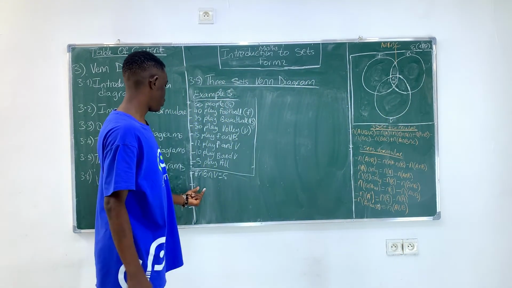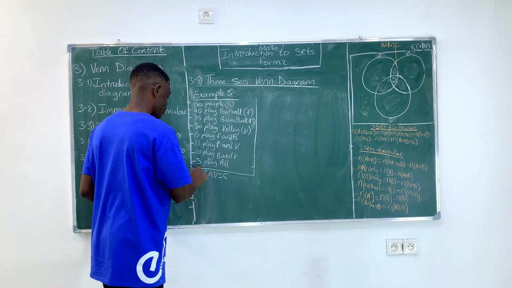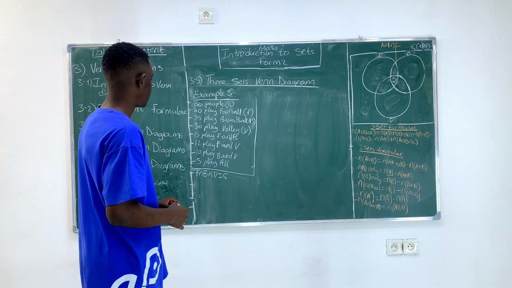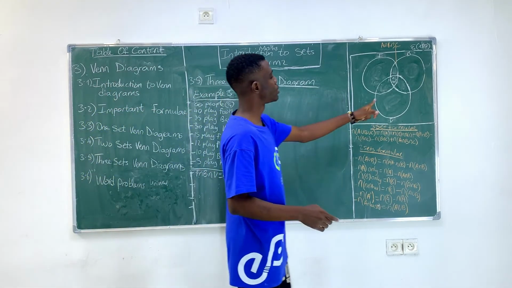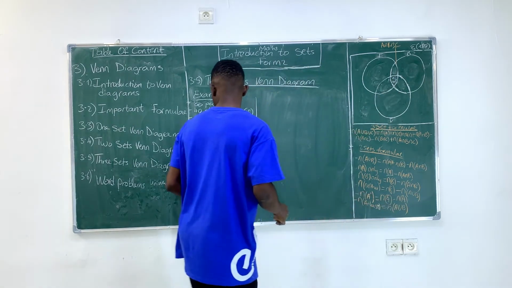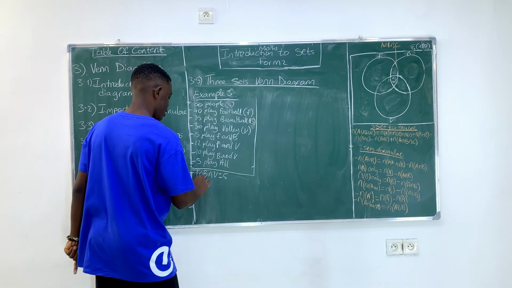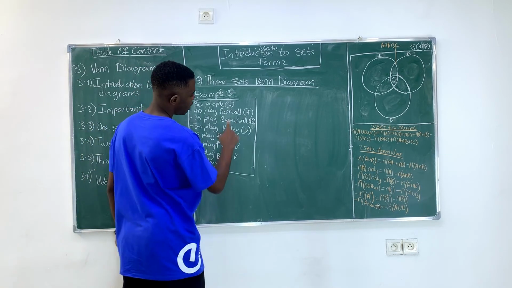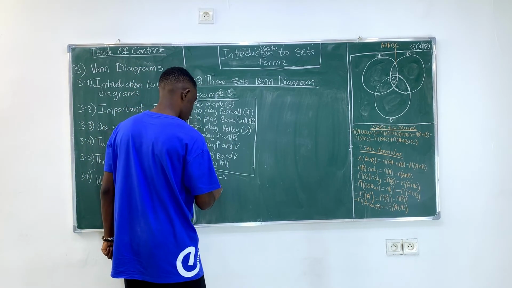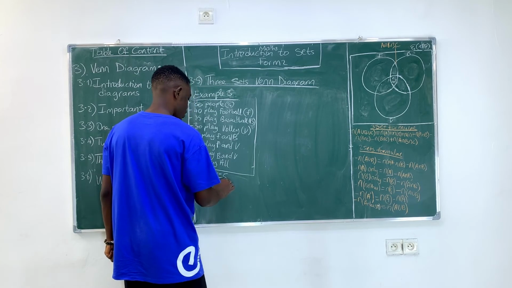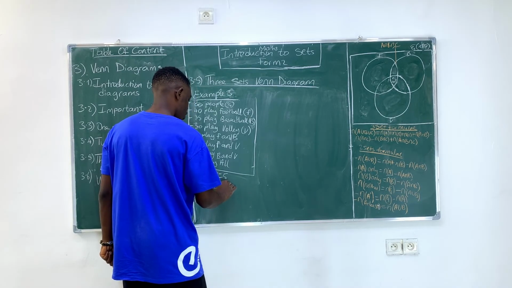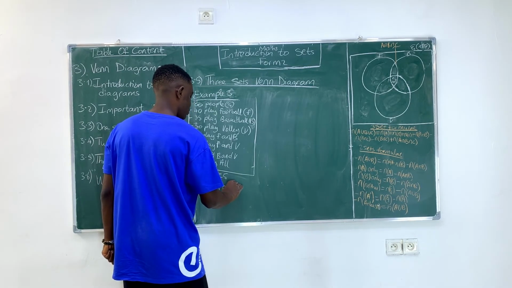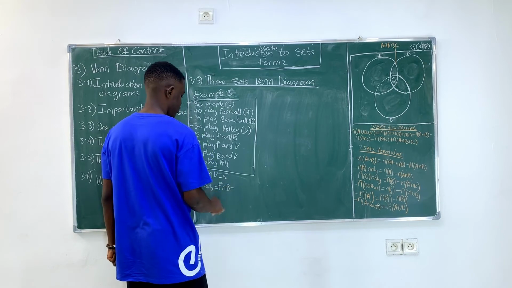What next? We want to find out this. So, football intersection basketball only will be equal to football intersection basketball minus this 5.